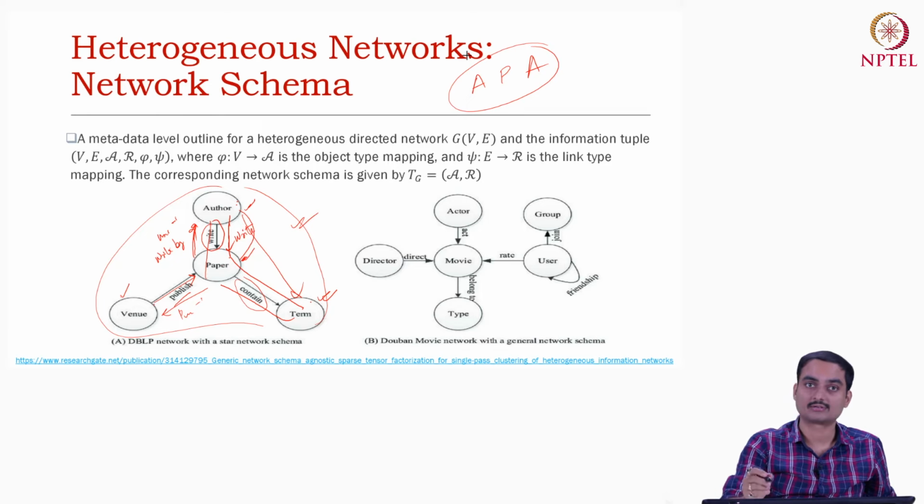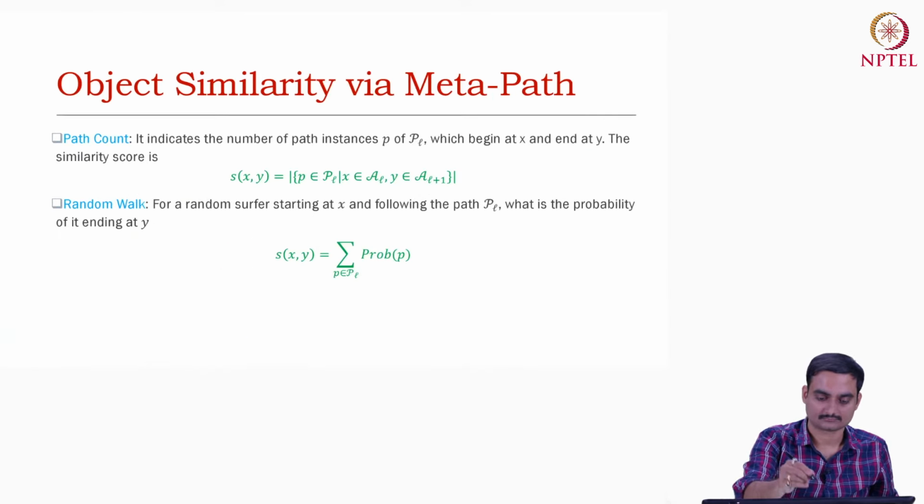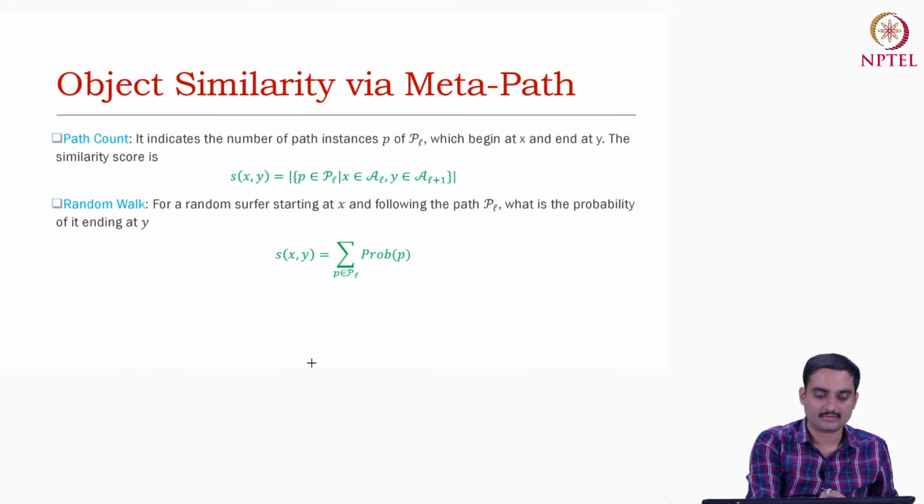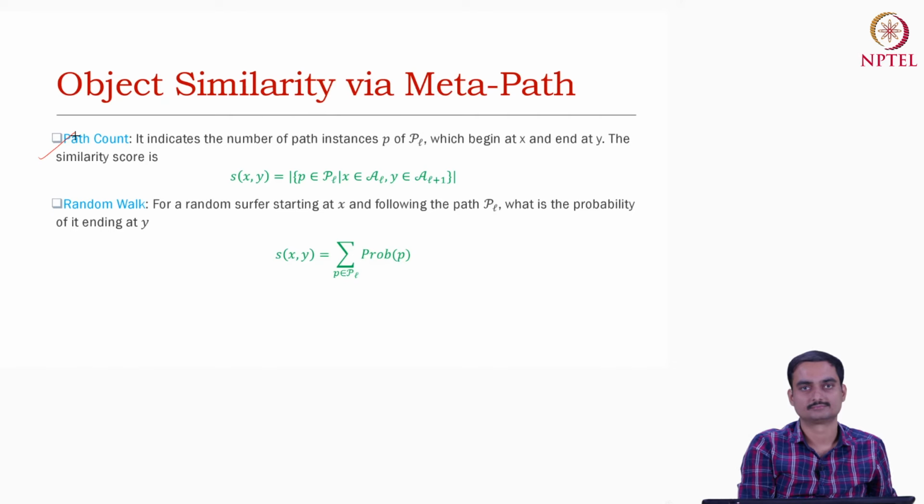Okay. So I can also count the number of instances, the number of paths of this type, APA. So I hope you understood what a metapath is. Now we define something called path count.